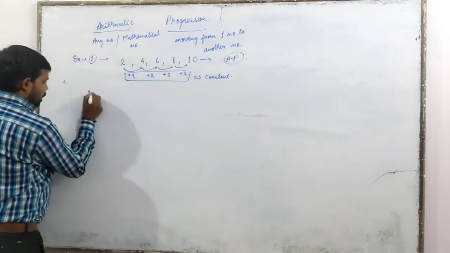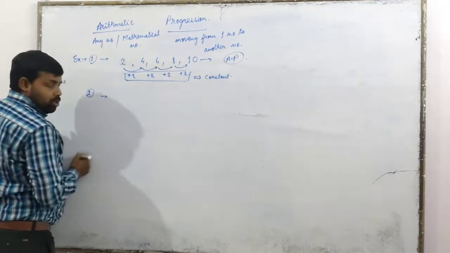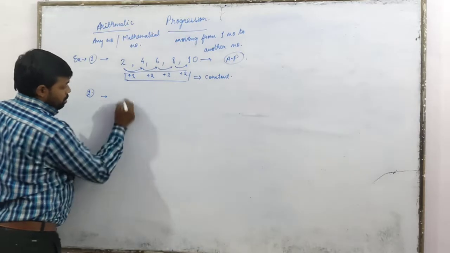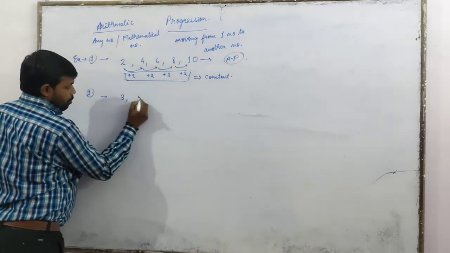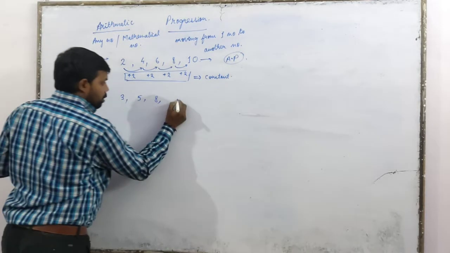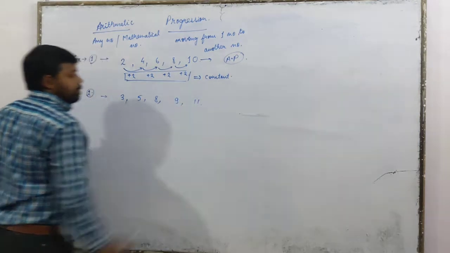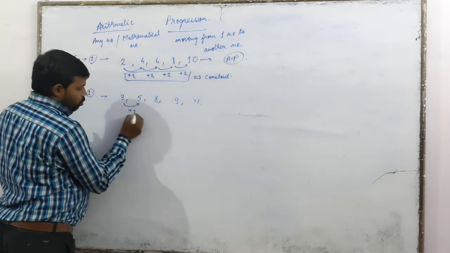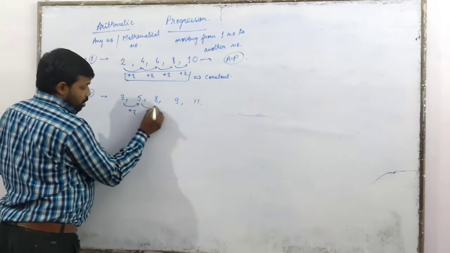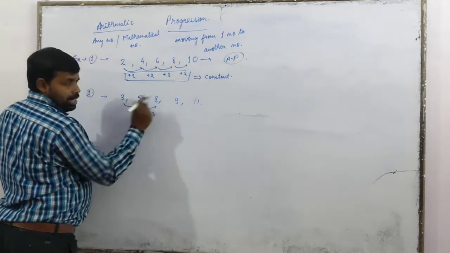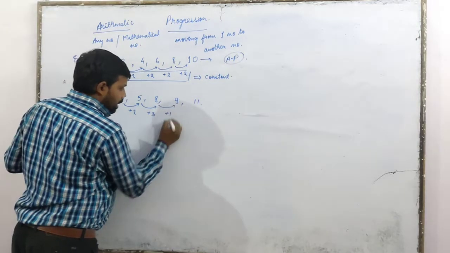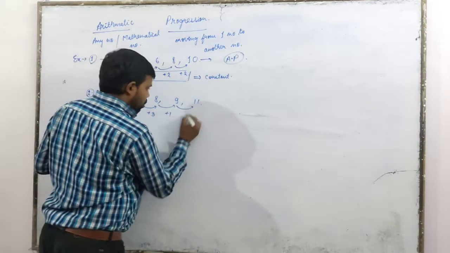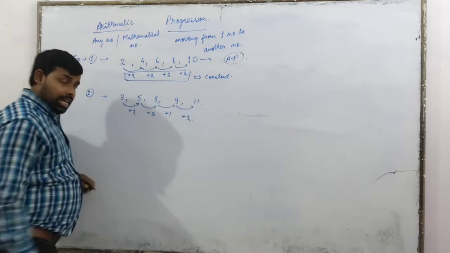Let's understand this with another example. Suppose we have another set of numbers: 3, 5, 8, 9 and 11. Again, we are adding 2 to 3 and get 5. We add 3 to 5 and get 8. We add 1 to 8 and get 9. We add 2 to 9 and we get 11.